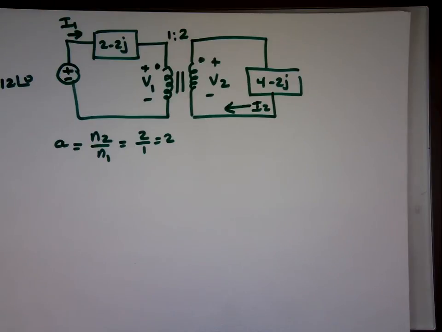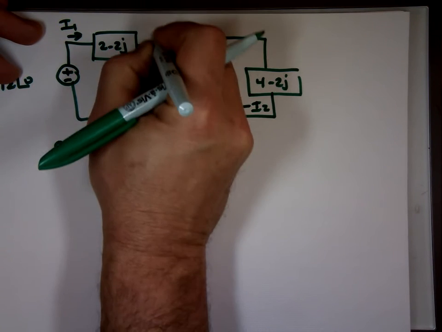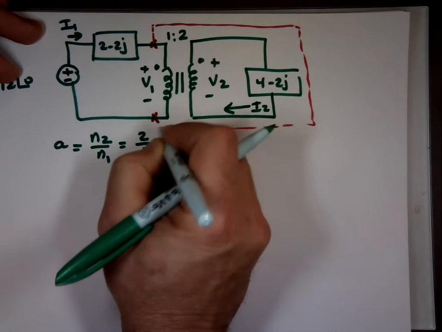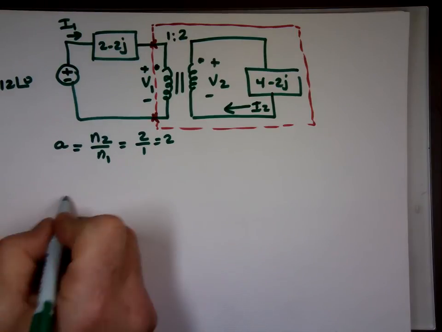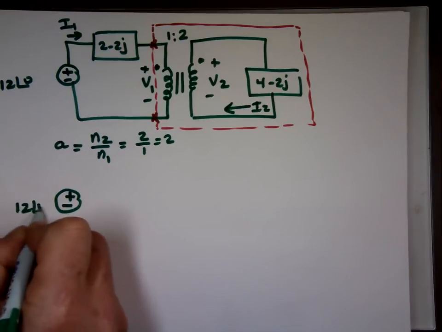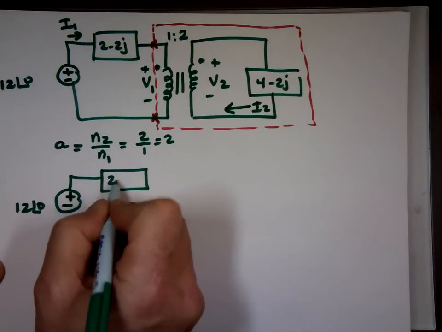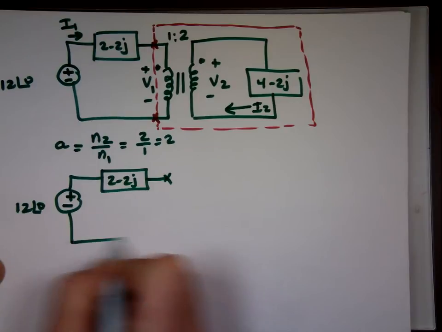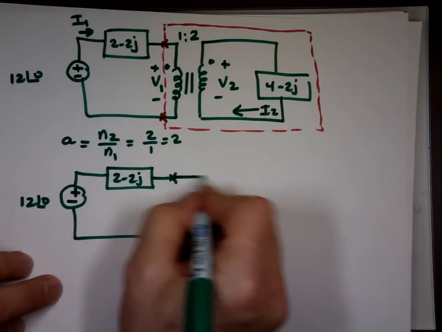Okay. So if I chop this circuit right here, I should be able to replace this by an equivalent value. So my circuit will look like this. 12 angle 0. 2 minus 2j. There are no sources in it, so just the impedance, the resistor. And I should be able to replace this by a value that's equal.